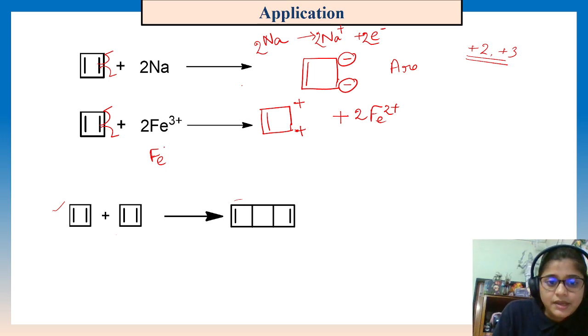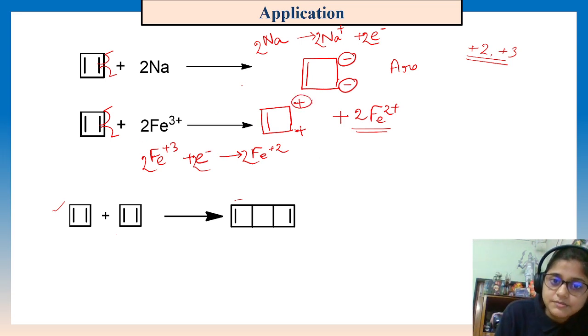Okay. So Fe 3 plus is there, right? It will accept one electron from this free radical here, so it will become Fe 2 plus. When 2 Fe are there, they take 2 electrons and become 2 Fe 2 plus. Here 2 electrons are taken by it, so no electrons are left here.